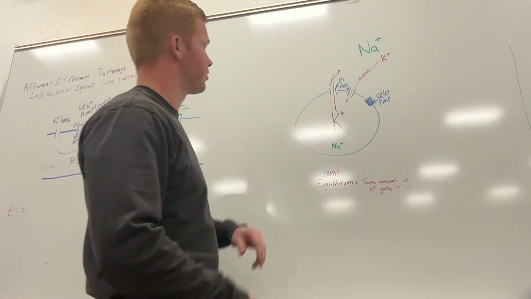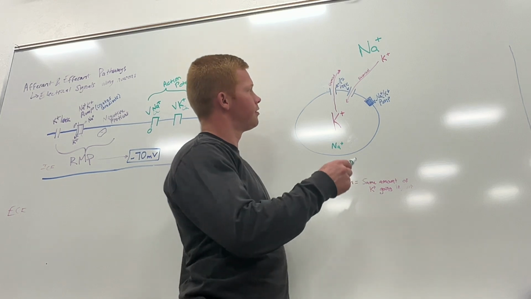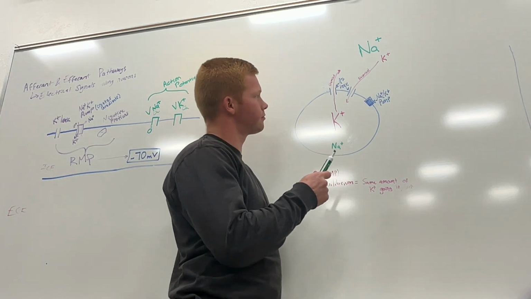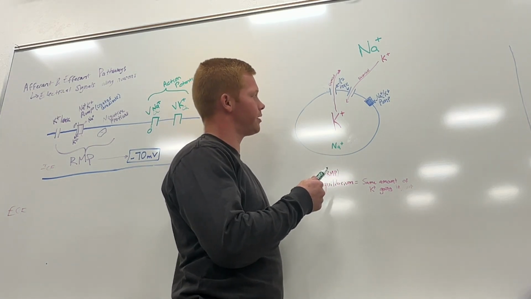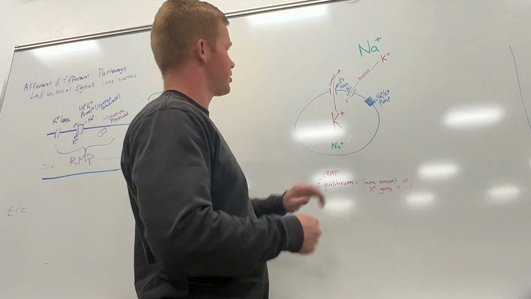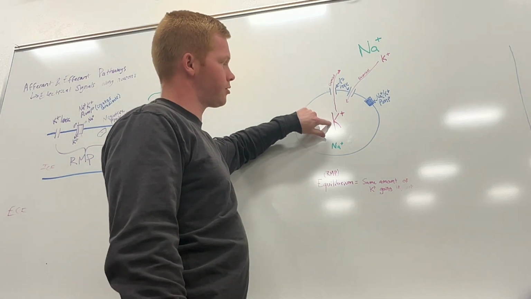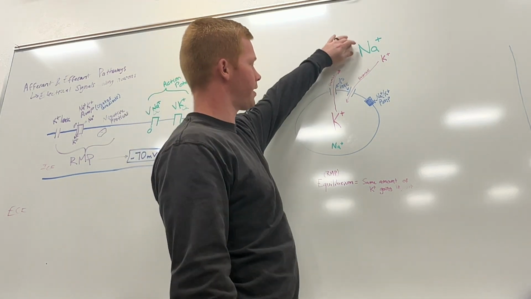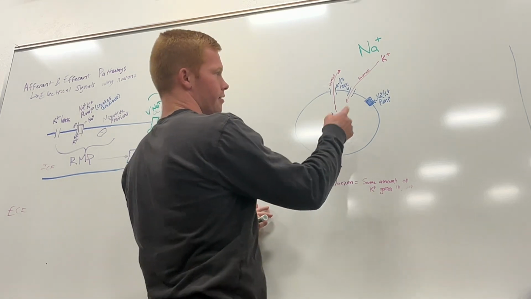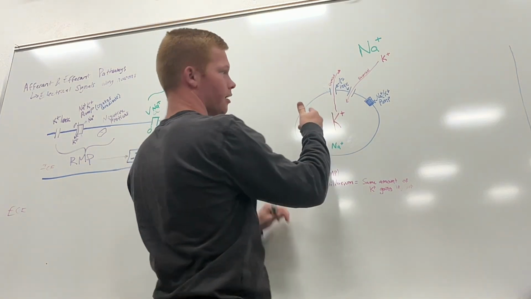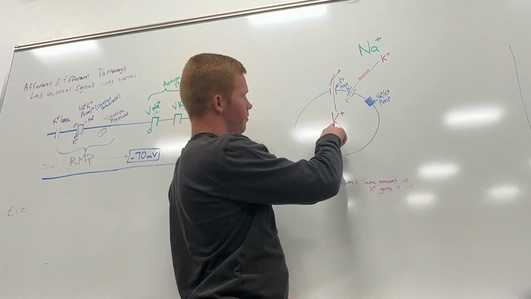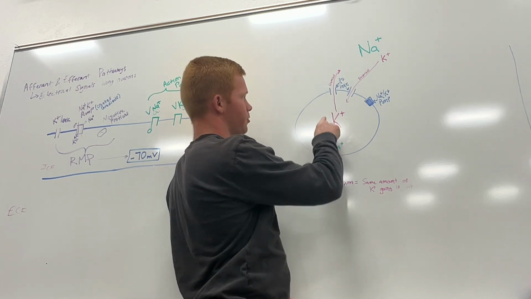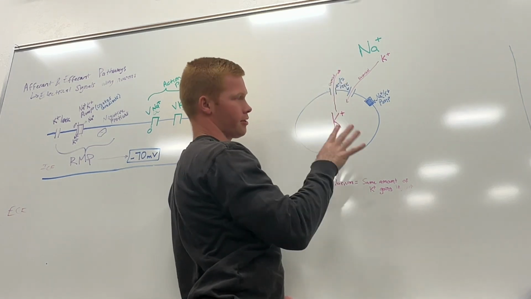It's a nice little picture I drew. I don't know why I drew this, but I think it was kind of just showing how there's more potassium on the inside, more sodium on the outside. But potassium is going to move out due to the chemical gradient.